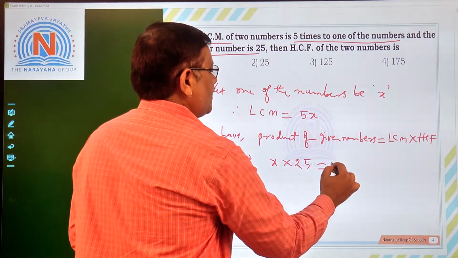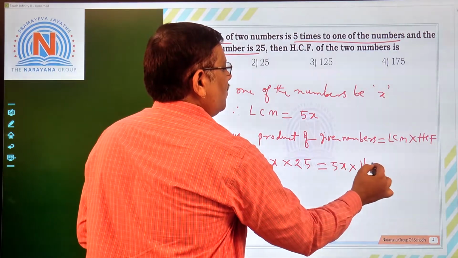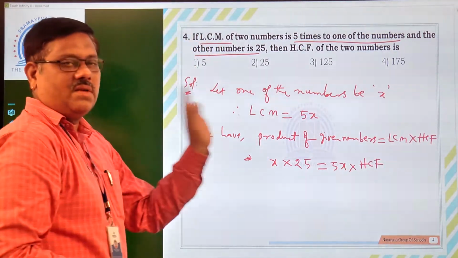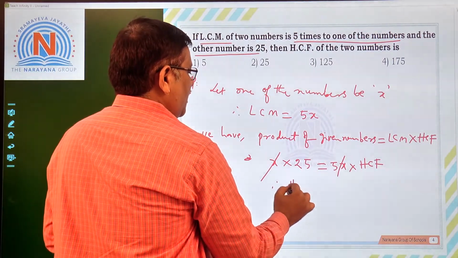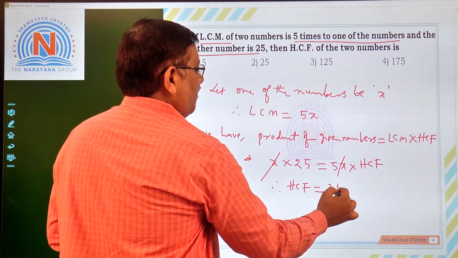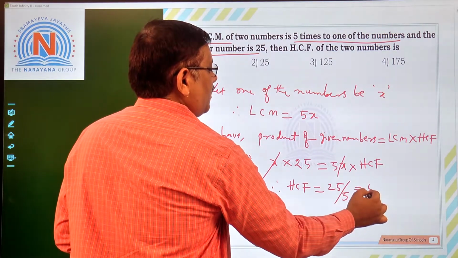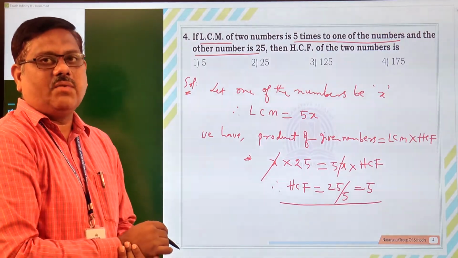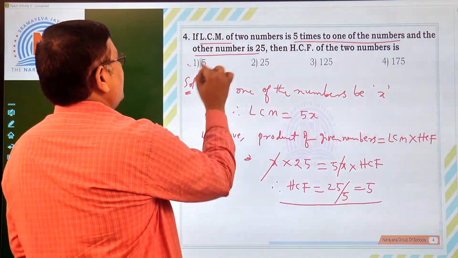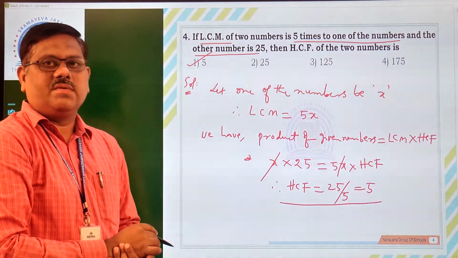LCM is nothing but 5x, HCF is unknown, so keep it as HCF. Now here if you observe, x cancels, therefore HCF is going to be 25 upon 5, that is nothing but 5. Therefore the HCF of the given numbers is 5. So out of the 4 options, the first option is 5, so that is the right option for this question.